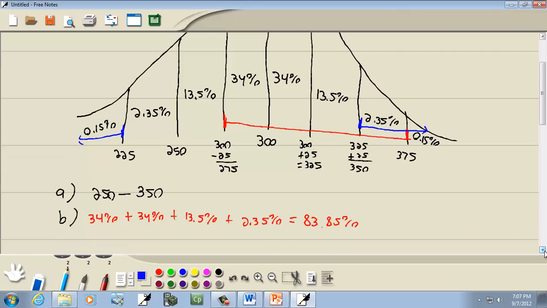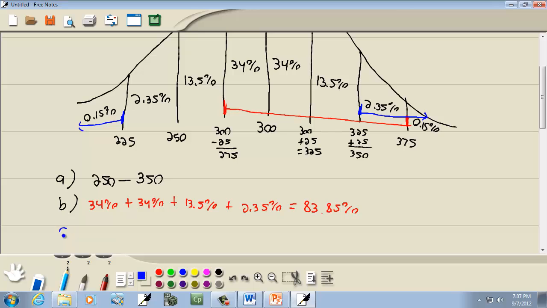So for this particular problem, less than 225 is our 0.15%. Over here, greater than 350 would be the 2.35%. And 0.15%. I think that's 2.65, but let me check to make sure. 0.15 plus 2.35 plus 0.15 is 2.65%.